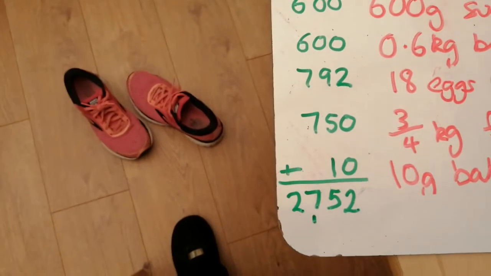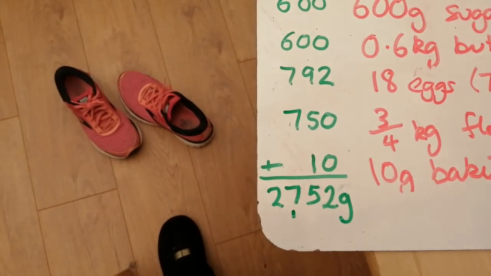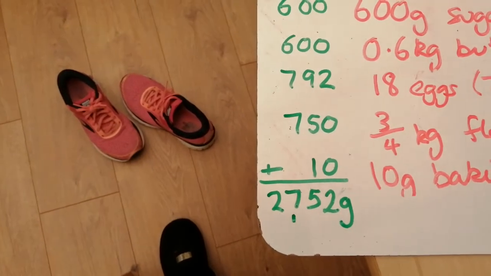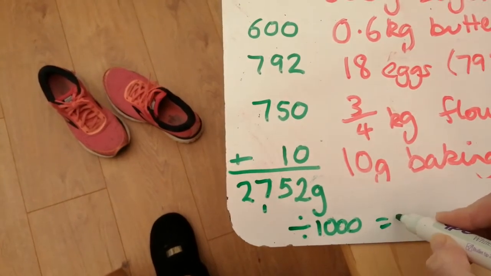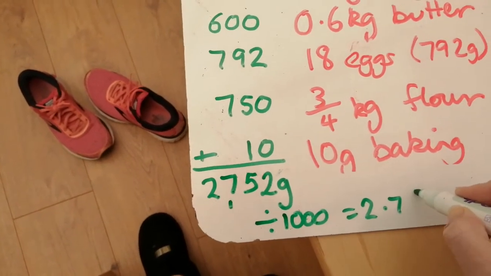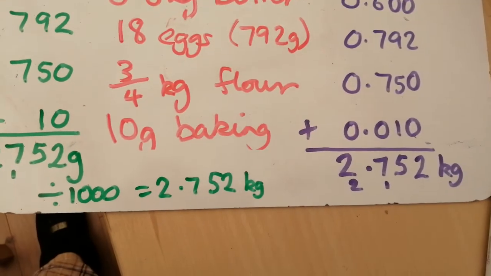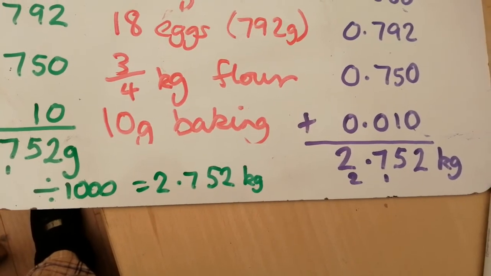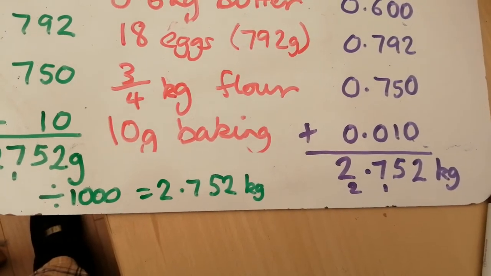I've got 2,752 grams, but I do need my answer in kilograms as it said, so I will need to divide by 1,000, which will give me 2.752 kilograms. Hooray, it's the same answer. And again, if I was asked to do that to 2 decimal places, it would be 2.75 because we round the 2 down.